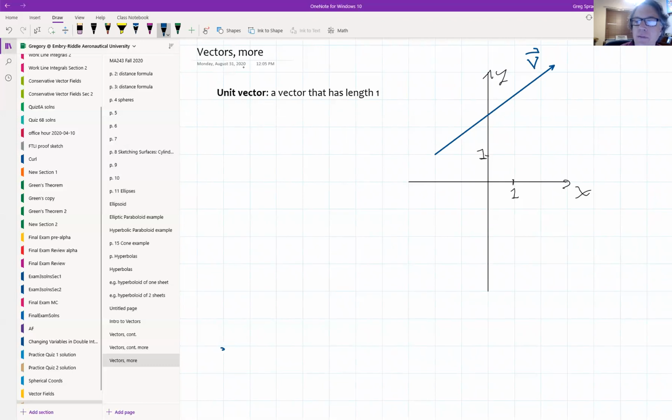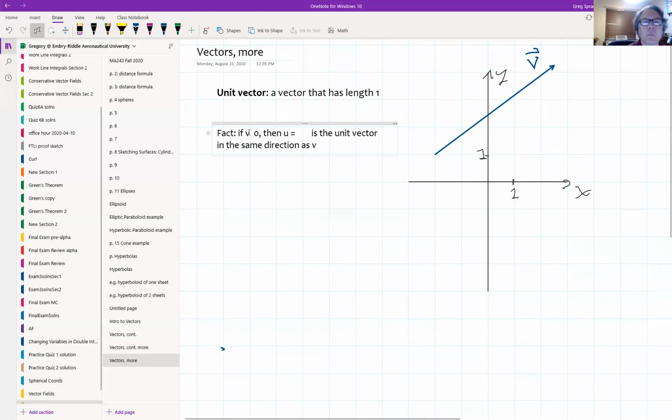Obviously, its length is about 5 units long. Okay, I'm making these vectors boldface just because I can when I'm typing.